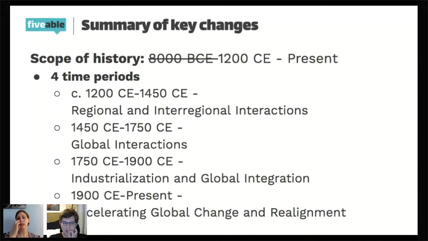And that's a place where teachers are all in this weird boat. 1200, I don't think it's an arbitrary choice. I'm sure somebody out there has a rationale for it, but I think it's just a year that got picked. I don't think it's tied to something in particular. And it is circa 1200, so it gives you a little bit of wiggle room. The course and exam description for East Asia, for example, suggests starting with the Song dynasty, which emerges much earlier than the 1200s.